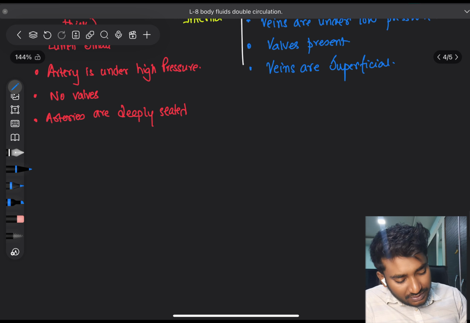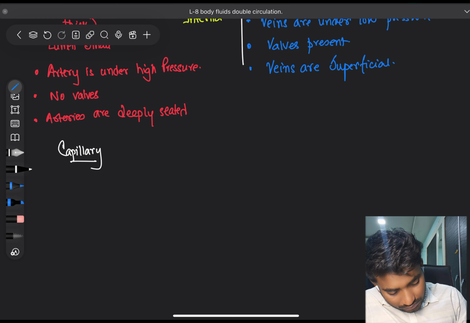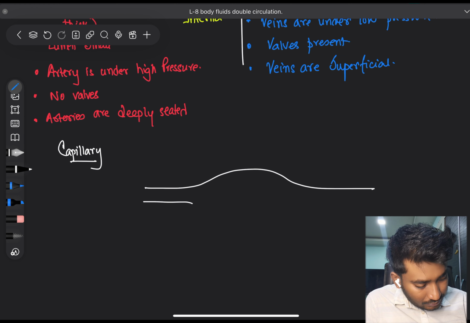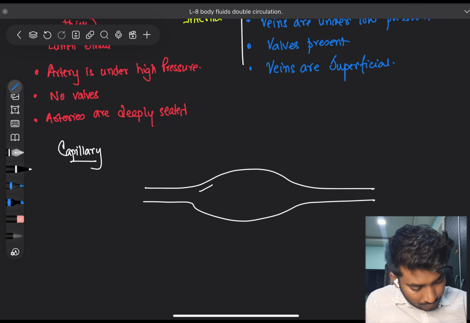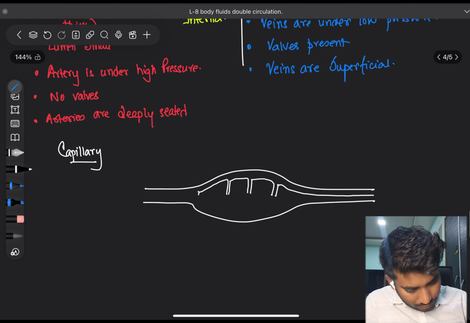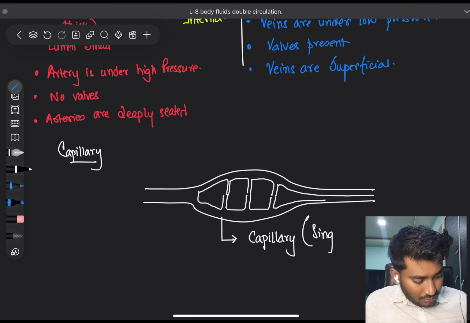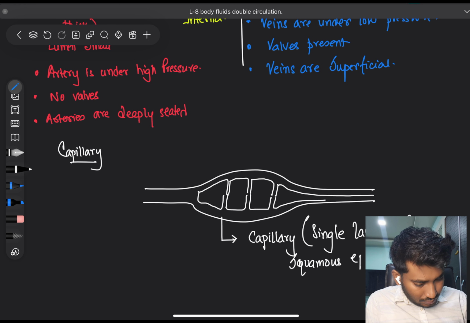Less is remaining, the capillary. The capillaries are a single layer of simple squamous epithelium.